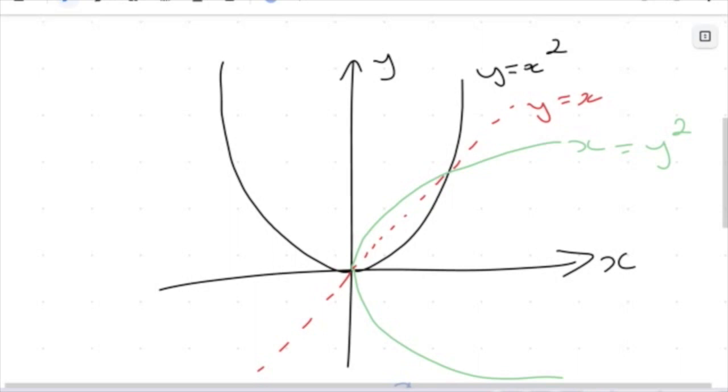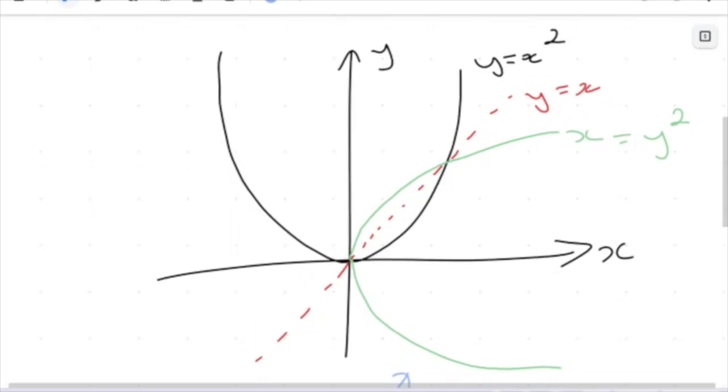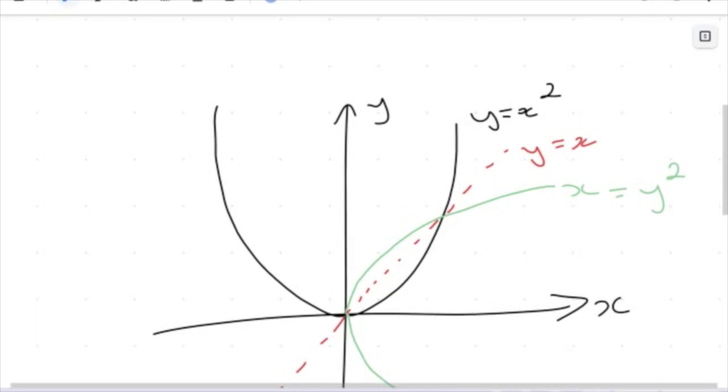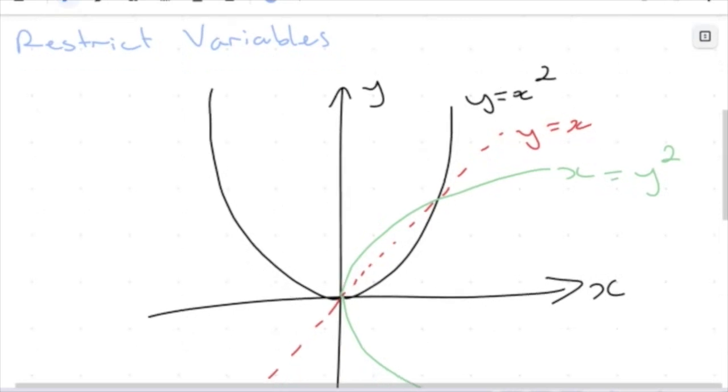Now, if we look at my particular parabola here, we can do something similar to what we've been doing before. We can restrict variables. So we can make a restriction on the value of some of the variables in my function in order to produce an inverse function.